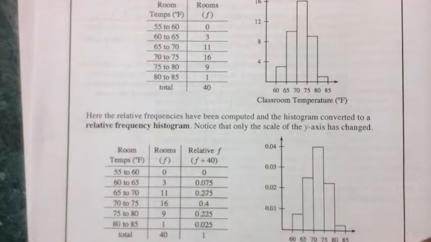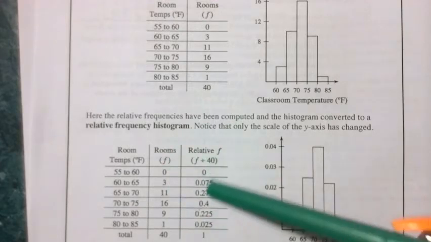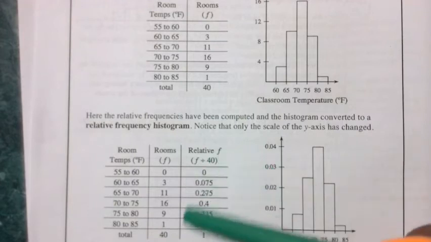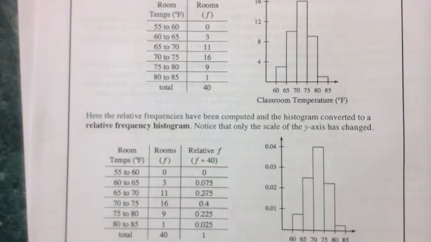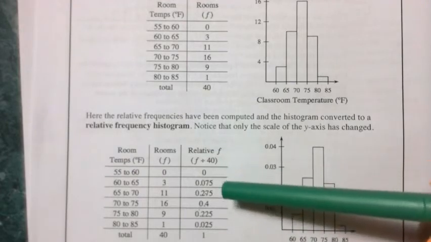So you're basically dividing your frequencies by the total to get the relative frequency. All of your relative frequencies should add up to 1 because these are basically percentages.